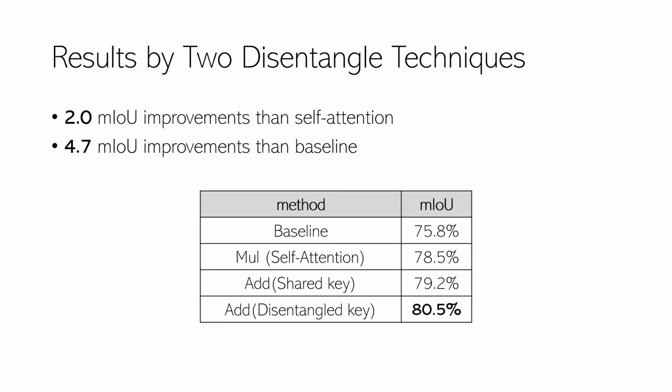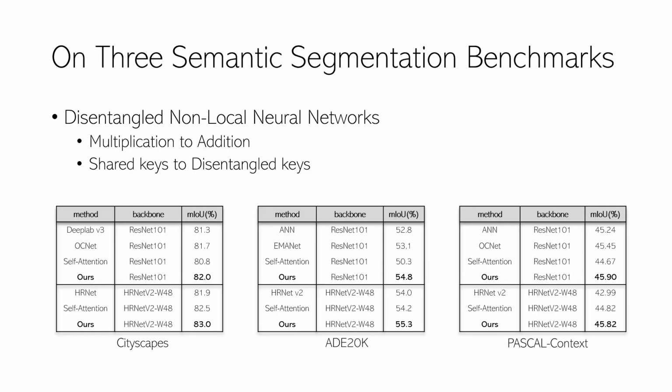By combining these two disentangle tactics, we achieve about 2-point improvements over the standard self-attention models, and we achieve about 5 points improvements than the baseline without self-attention. We name this method Disentangled Non-Local Networks.